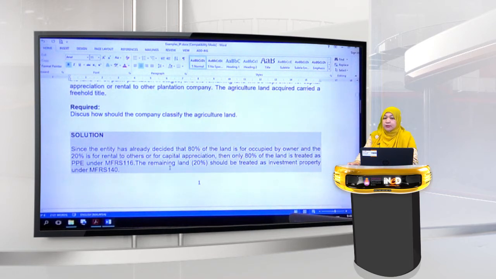However, if it's the other way around, where 20% is occupied by the owner and 80% of the land is for rental or capital appreciation, because 20% is considered insignificant, then the whole cost of the building is considered as investment property.